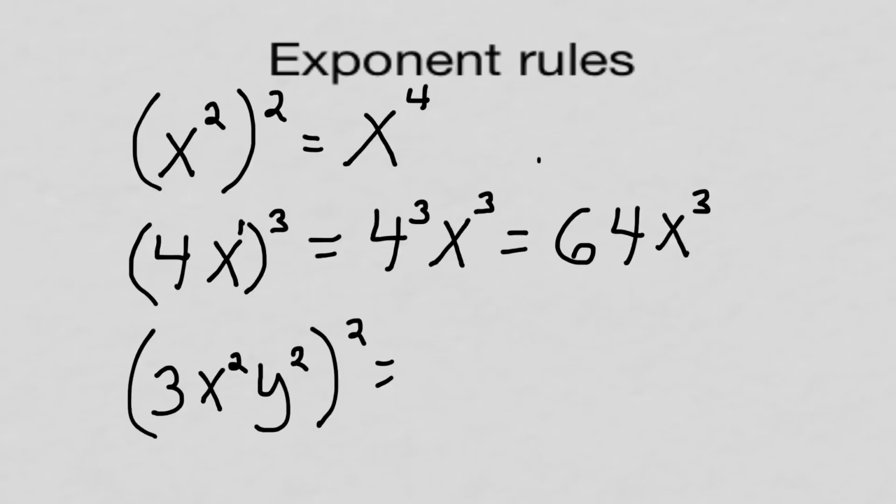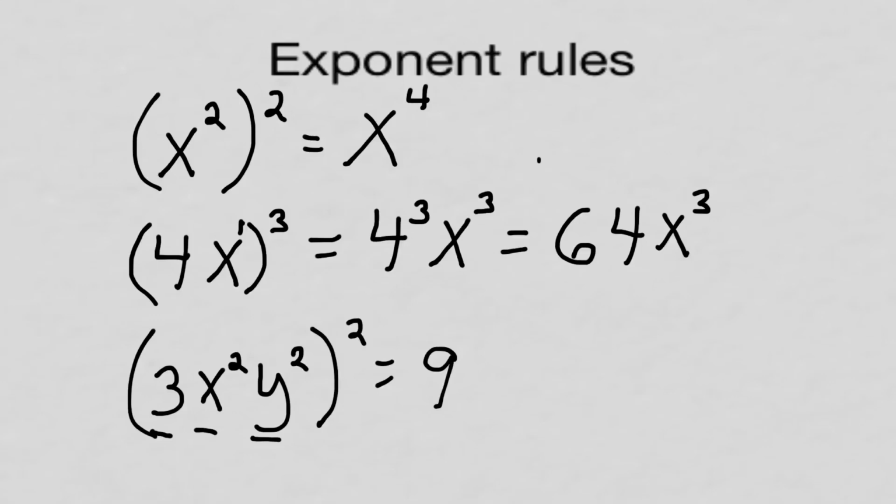The third problem. We've got the 2 on the outside of the parentheses. So that 2 applies to all three things inside the parentheses. So let's do the 3 first. 3 squared is going to give you 9. 3 times 3 is 9.